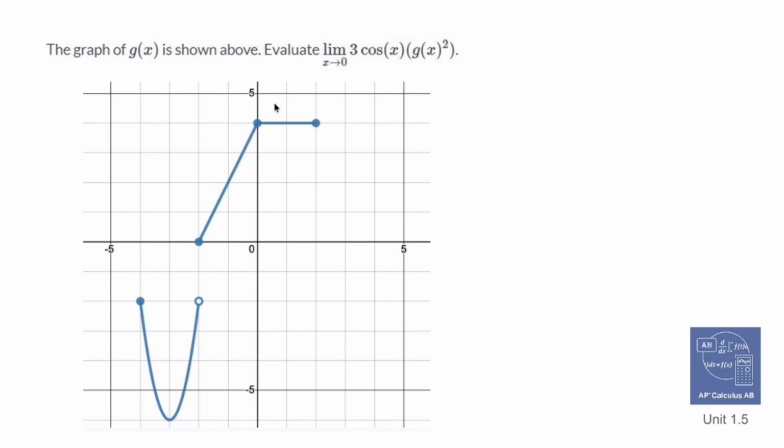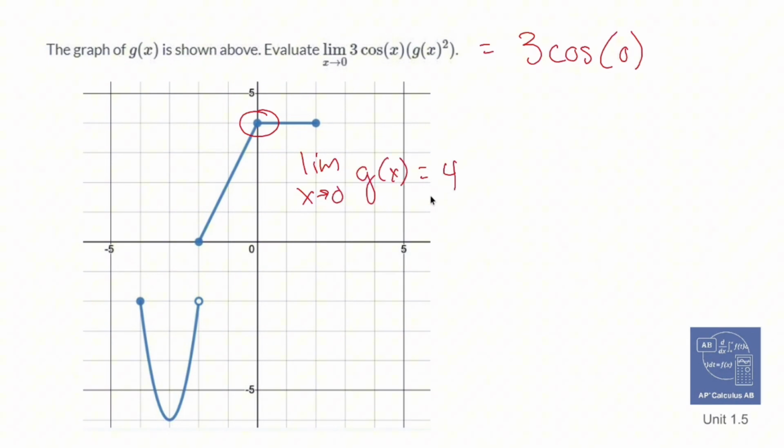What I do know is that the limit as x approaches 0 of 3 cos x is going to be 3 cos 0. Now, g of x squared means I go to this graph and notice that at 0, my limit appears to be 4. So the limit as x approaches 0 of g of x is 4.